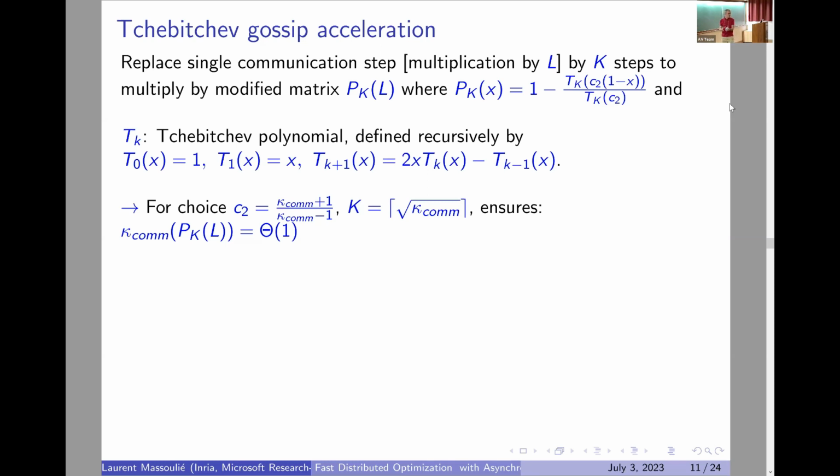So we shrink this quite rapidly in square root kappa_com steps of communication. We go down from kappa_com to order 1.